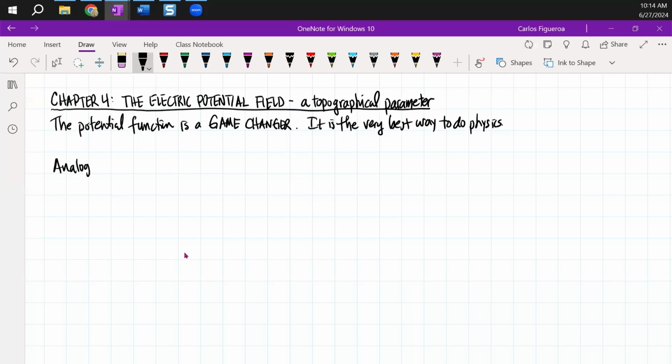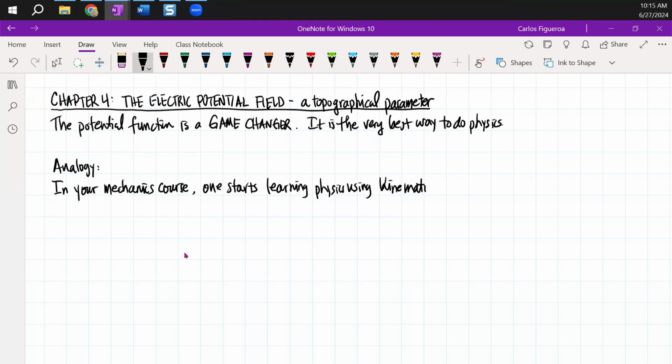As an analogy, let's look at your calculus-based mechanics. In your mechanics course, whether you call it Physics 4A or Physics 7A, one starts learning physics using kinematics and Newton's laws.